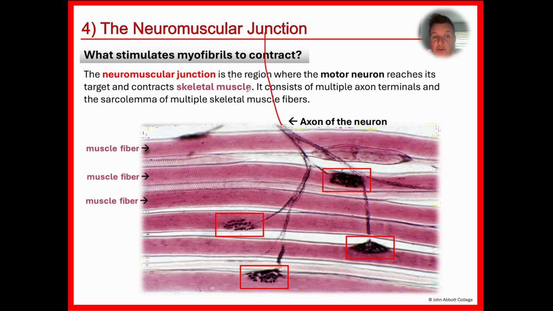So the neuromuscular junction consists of these terminals plus the sarcolemma of multiple skeletal muscles. So in black here, you see the terminal, one terminal of the nerve. And over here, you see all of this pink region around of the skeletal muscle. That's part of the neuromuscular junction.